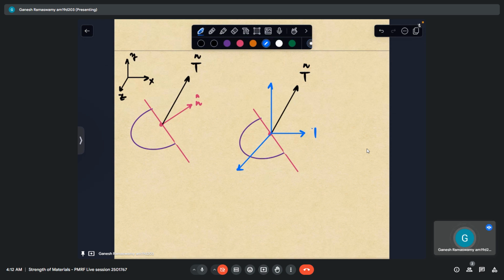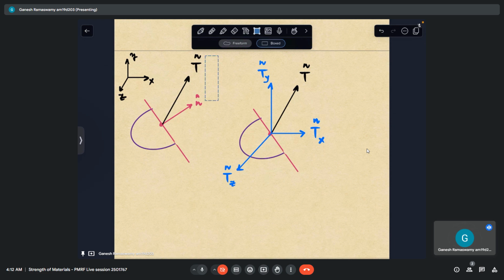This is the same t n, but the x component of that. Similarly, this is t n along the y direction, and this is t n resolved along the z direction. So this is one way to decompose the traction vector into its components along the xyz coordinate system.